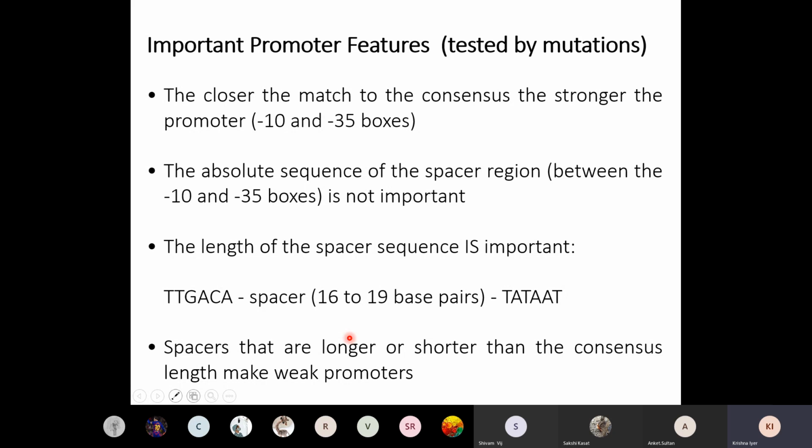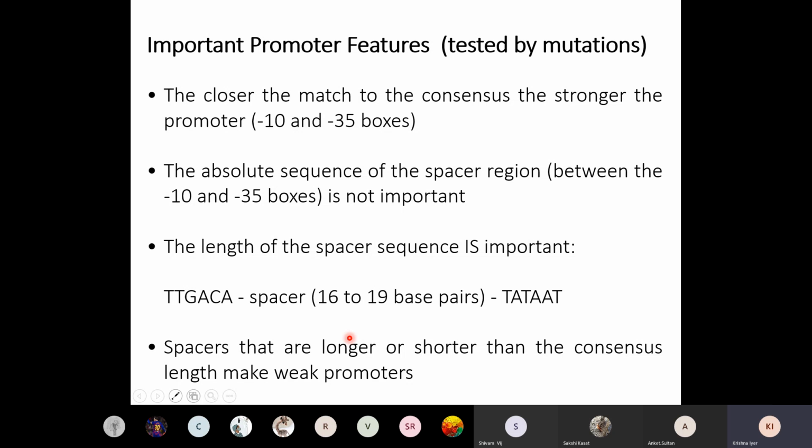So what it means is, if I compare the sequence present in a given bacterium to the sequence considered to be the wild type sequence or the most commonly occurring sequence, the closer a bacterial promoter is to this comparator sequence, or target sequence, or reference sequence, the stronger the promoter will be, which means transcription will occur more easily, at a faster rate and a faster pace.